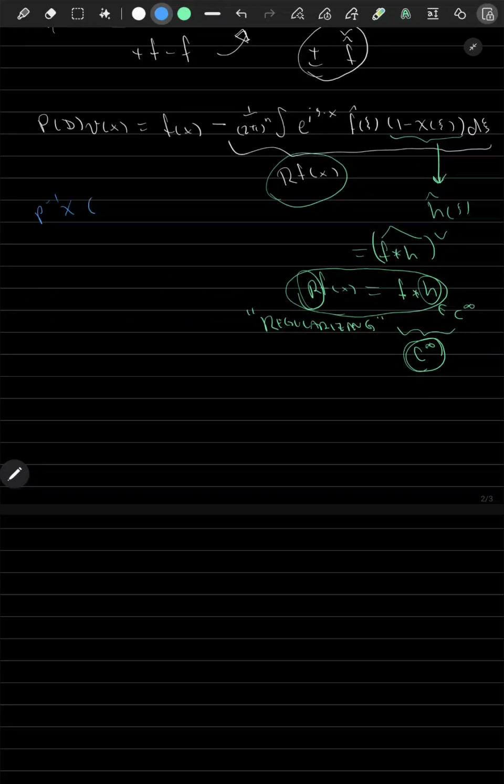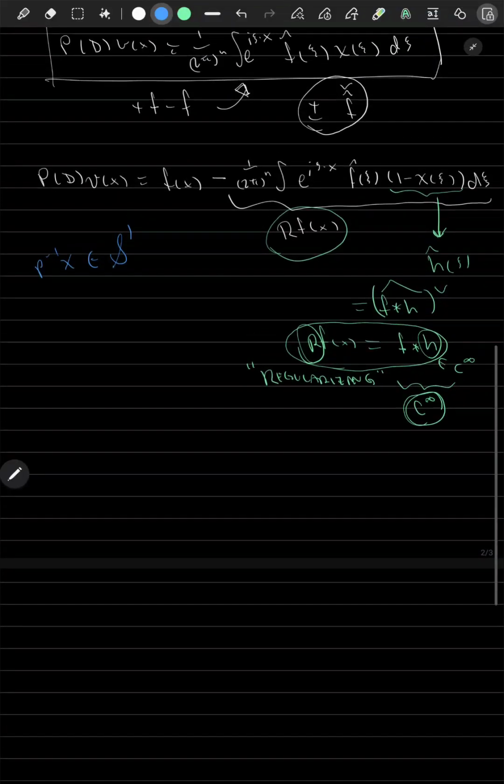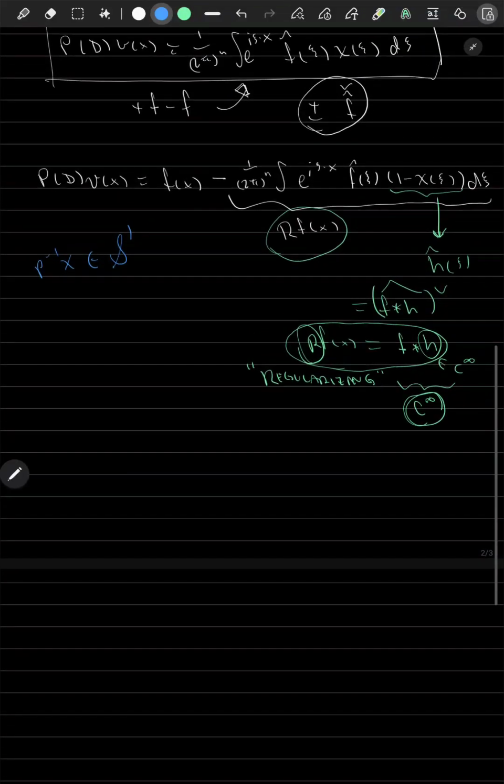And so this, because of the polynomial decay and it's bounded and everything, is actually a tempered distribution. So it's a function, but it's also a tempered distribution, meaning, again, that we can find an inverse Fourier transform of it that is also a tempered distribution. So there exists, let's say, a k, which is a tempered distribution also, such that the Fourier transform of k is p minus 1 chi.